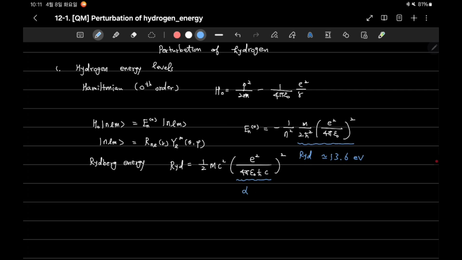It is the fine structure constant, that is 1 over 137.